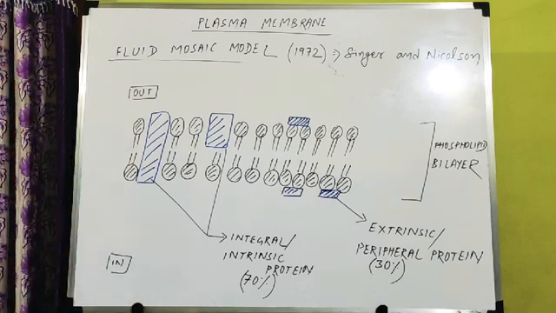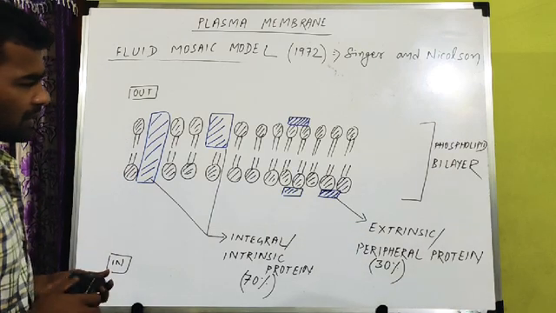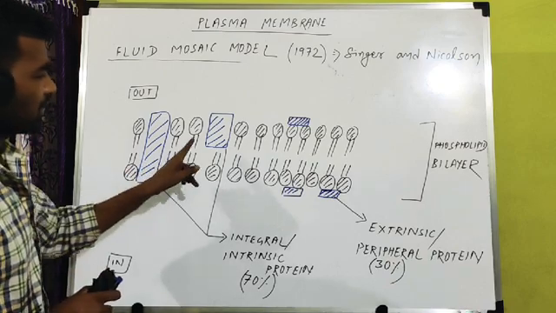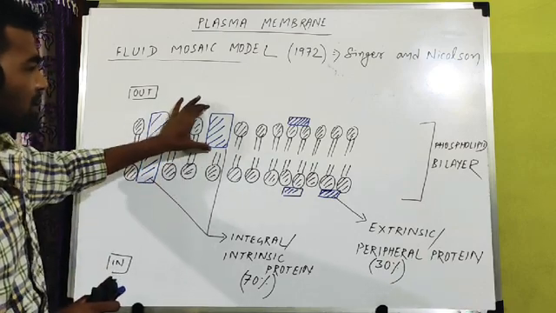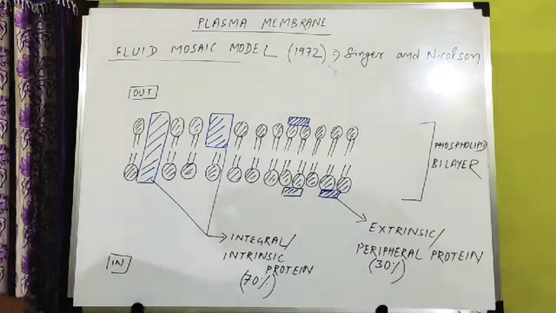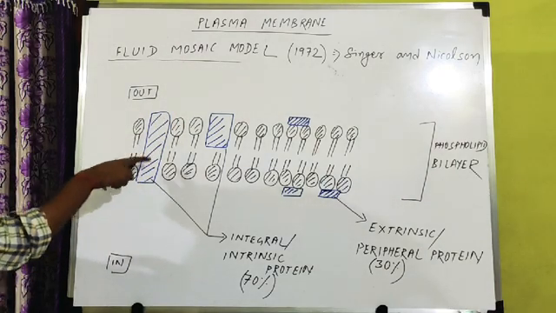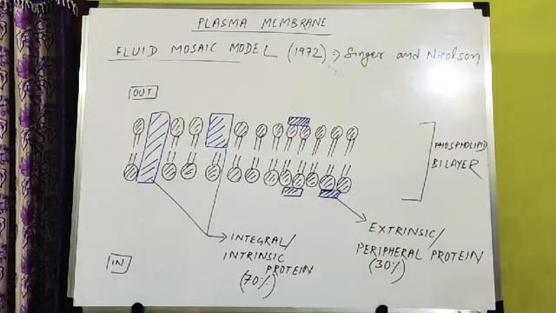So this is all about the types of protein present. But if you come to integral protein, I told you integral proteins are of two types. Some integral proteins are partly embedded, you can see in the diagram. Some integral proteins are completely embedded.